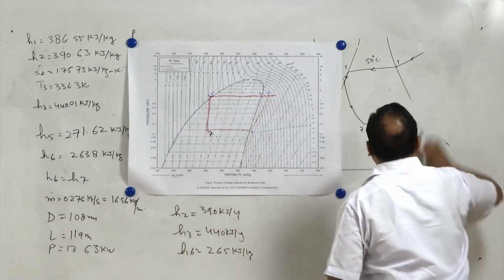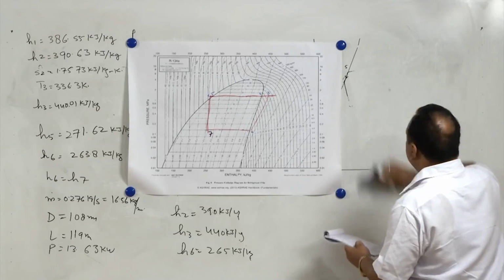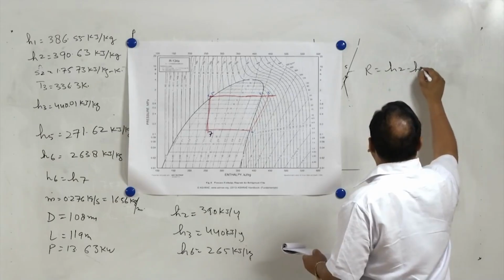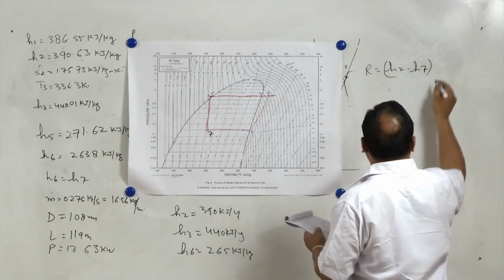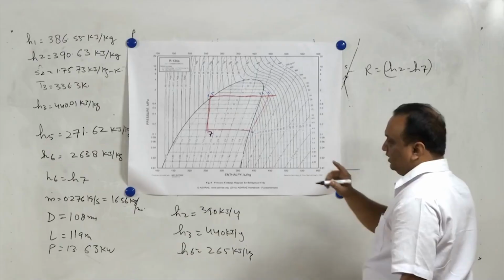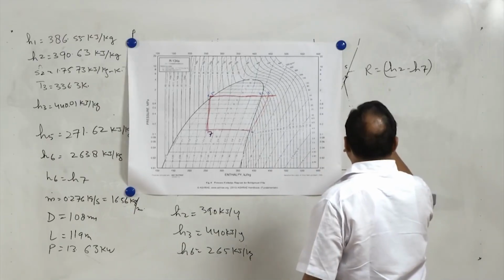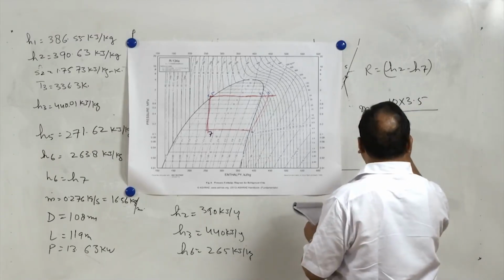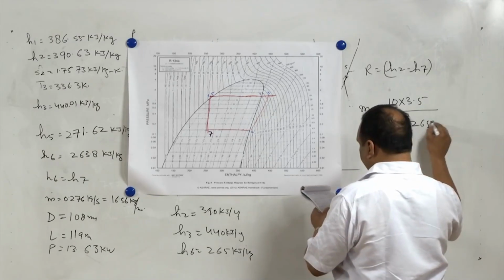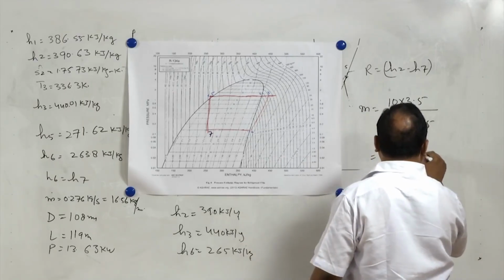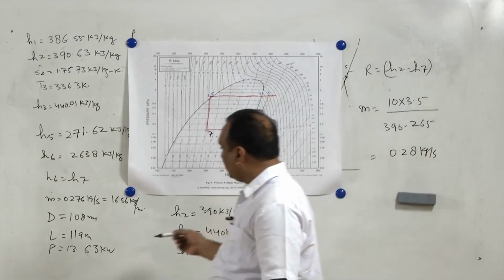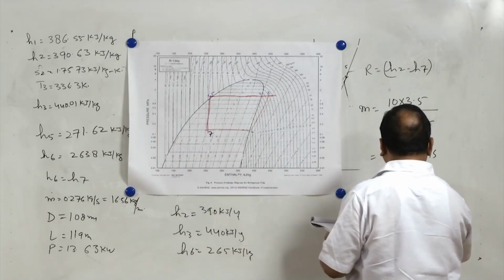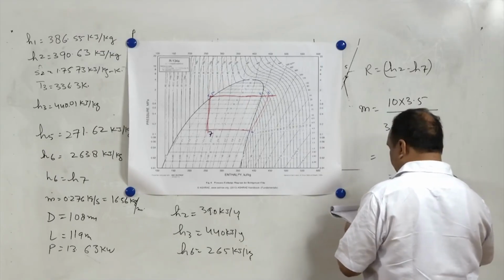Now here, the refrigerating effect is H2 minus H7 and the tonnage is 10 tons of refrigeration. So, mass flow rate is 10 into 3.5 divided by H2 minus H7, that is 390 minus 265, and that is going to be equal to 0.8 kg per second. From the properties chart also we were getting 0.276, and this will give us 16.8 kg per minute.